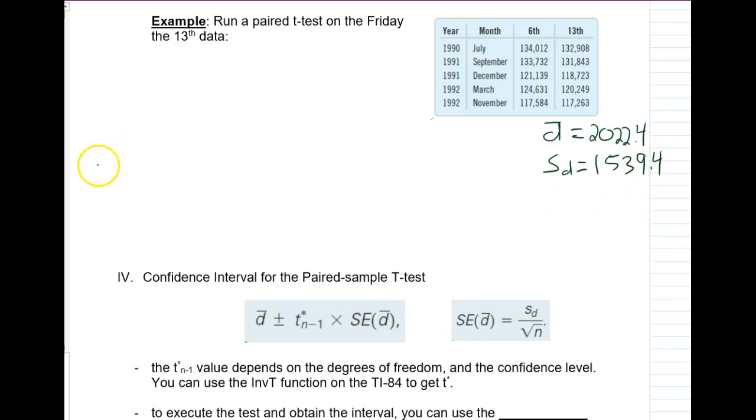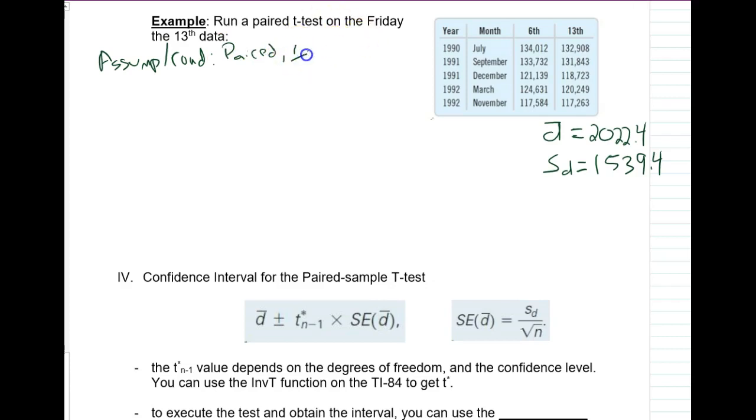Now what we can do, we're always going to look at our assumptions and conditions. I'm not going to spend a lot of time doing it here, but I would want to write a sentence or two on each one of these. I would have to take a look at the paired assumption.